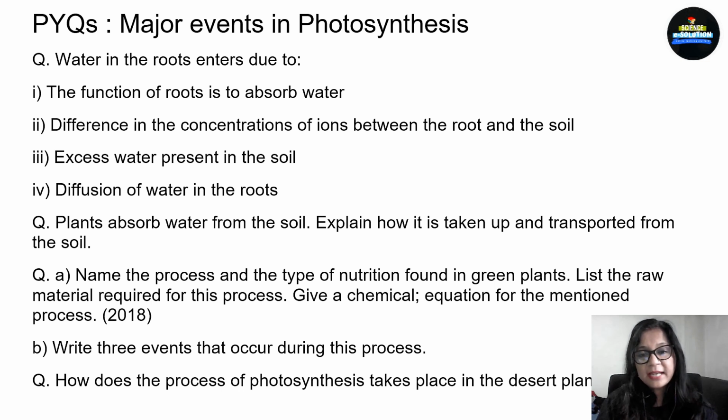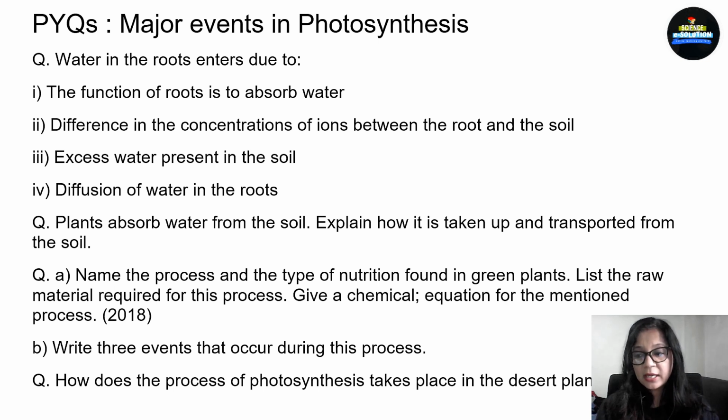Based on that example, this question was asked in 2020 in the board exam. You need to say that in desert plants the stomata remain open during the night time, because if they remain open during the daytime, more transpiration will occur, and it is a desert plant, it needs to conserve water. So stomata remain closed during the day and open during the night to reduce transpiration.